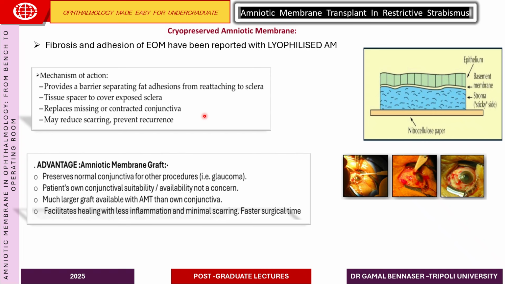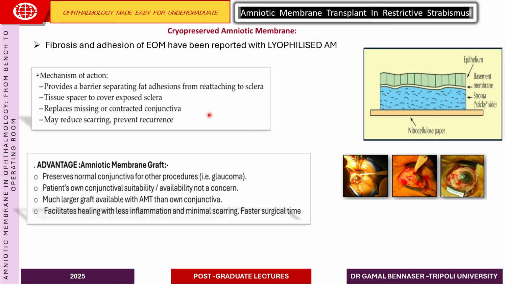So the role of amniotic membrane in restrictive myopathies is very important, because it provides the advantage of preserving the normal conjunctiva for other procedures like glaucoma surgery, replacing the fibrotic conjunctiva with this membrane, and acting as a barrier between the working muscles and the sclera.